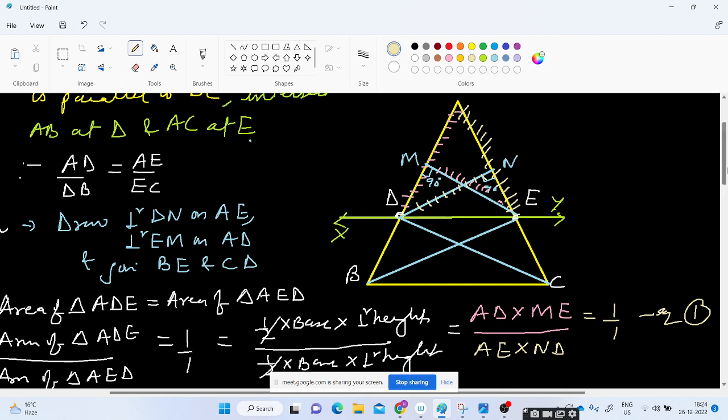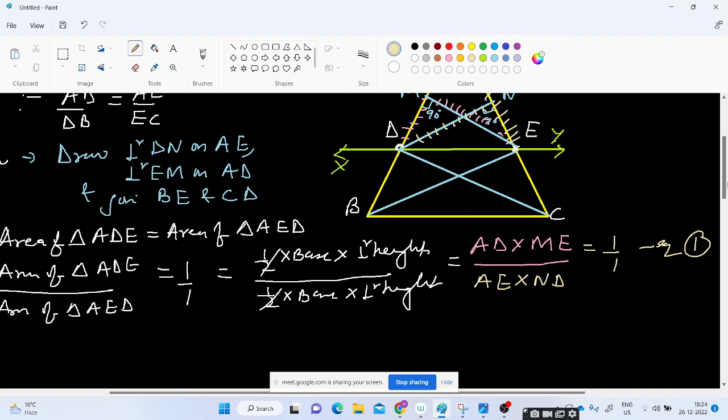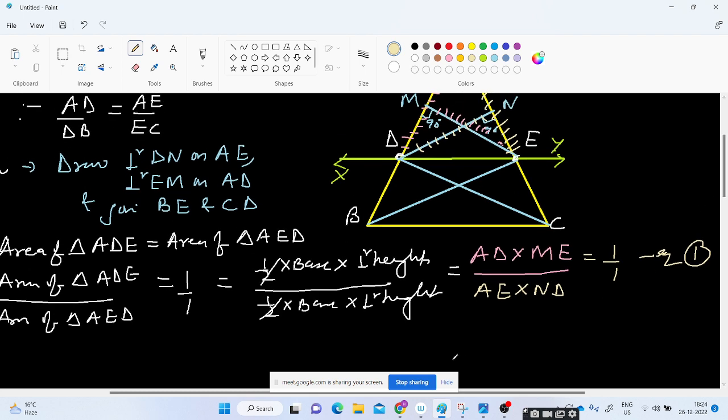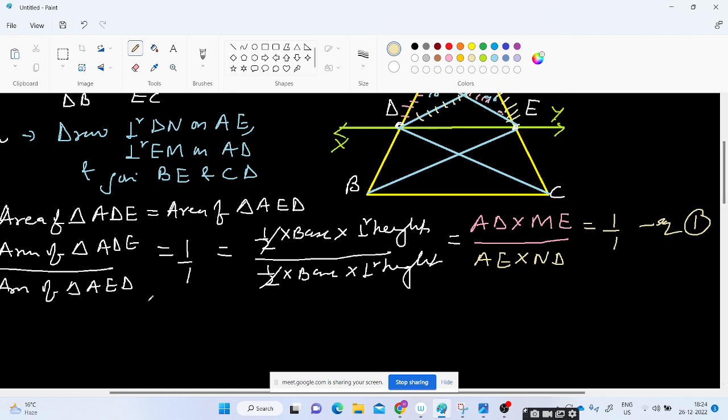Okay, now the other triangles you will consider. You will see that triangles DEB and DCE are lying on the same base DE, and between the same parallels, that is DE and BC.